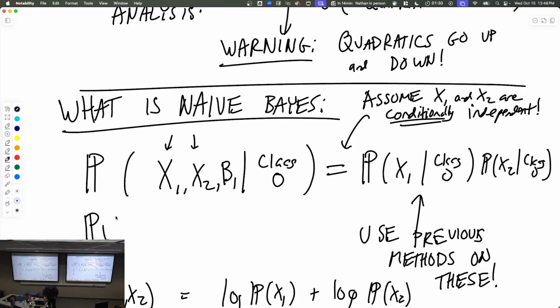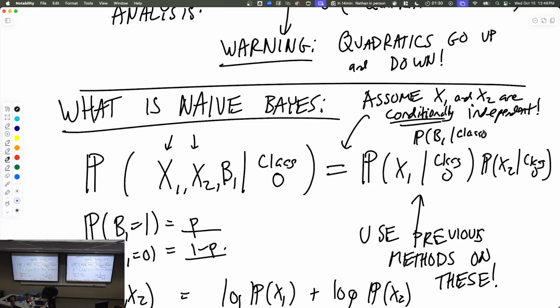So the probability that b1 equals 1 equals something, and the probability that b1 equals 0 equals something. It's some value I'm going to call p, and this one is 1 minus p. And the point is, by doing the naive Bayes assumption, I can just build this into my model by just multiplying it on. So it's the probability of b1 given the class you're in.